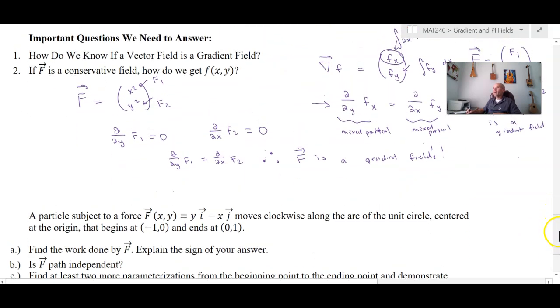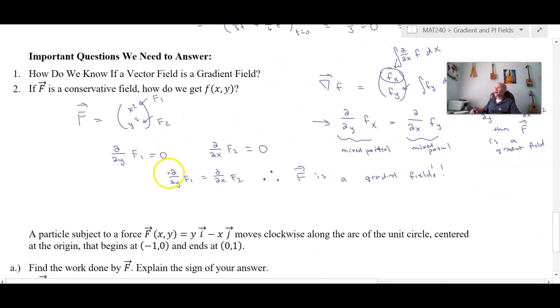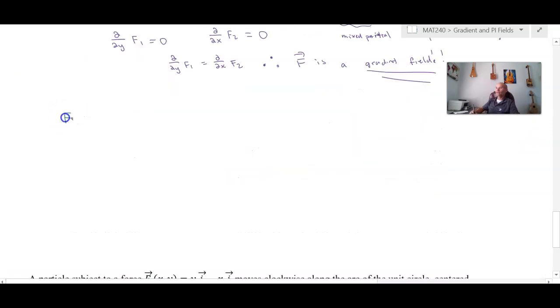That means that if I can integrate the function, I can determine what that original function was, as long as I already know it's a gradient field.